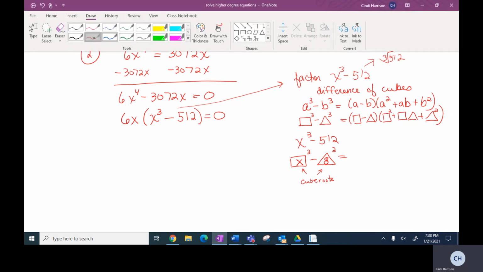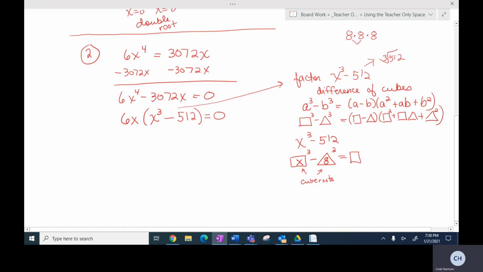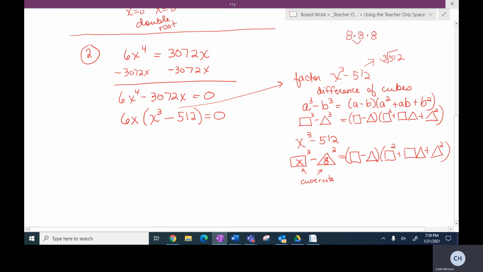I'm going to go back to my red pen. If we have our little boxes, we just plug our values into the boxes. So we're going to say an X goes everywhere there's a square box, and an 8 goes everywhere there's a triangle box.